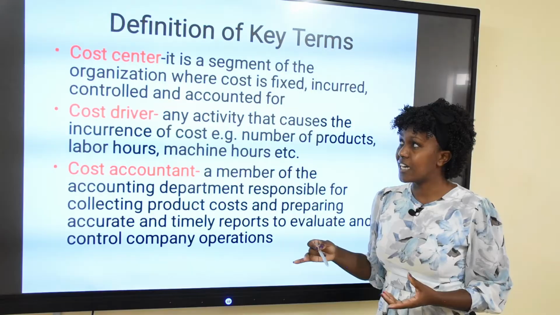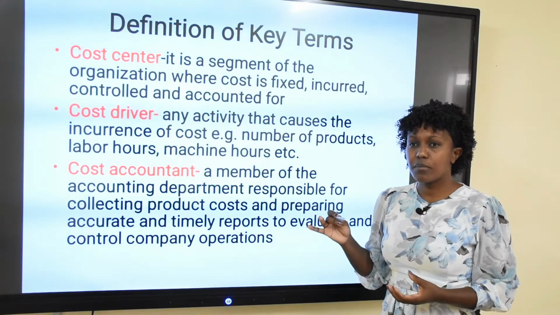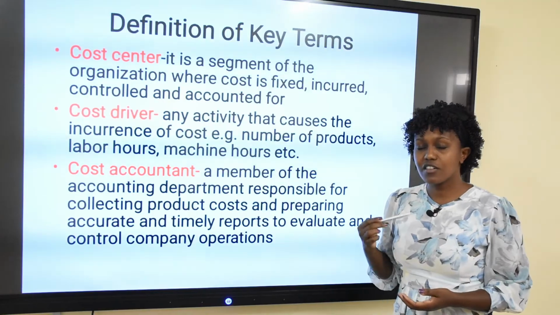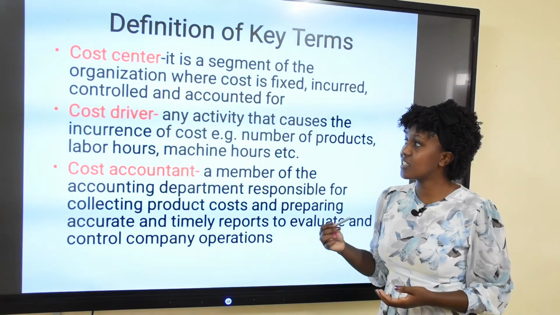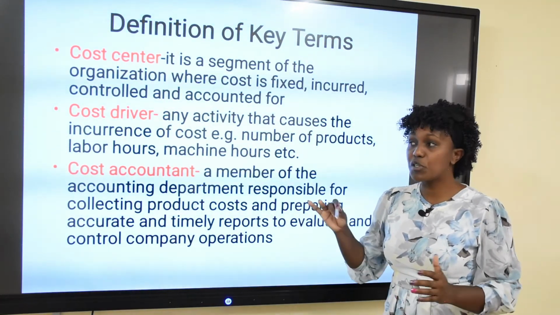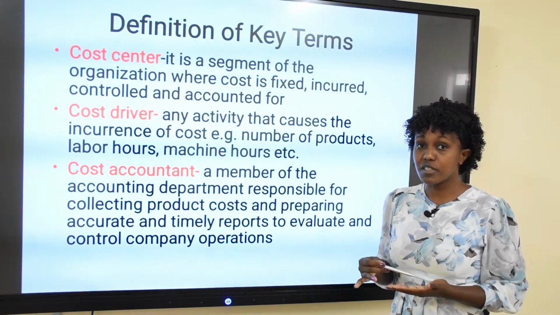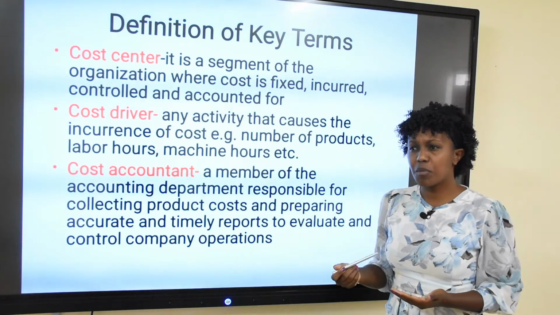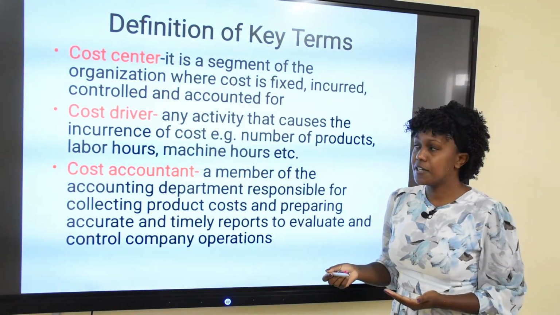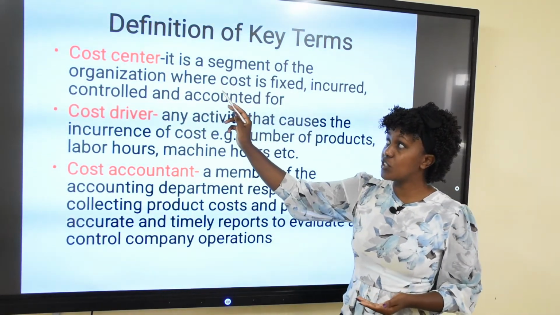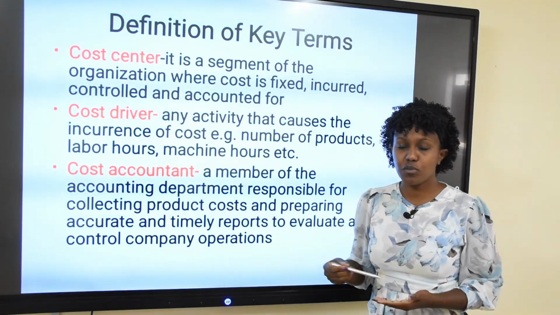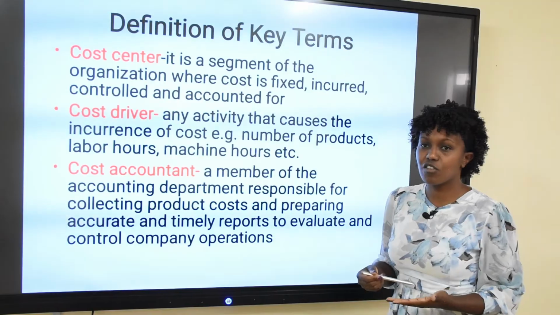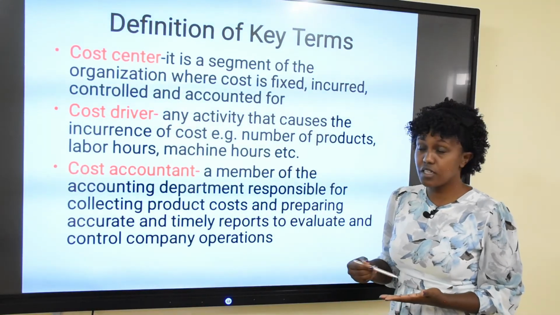The manager of a cost center has the responsibility to incur costs, to fix costs, to control costs, and to report about the cost. That is what you mean by a cost center. It would be different from a profit center. For example, a production department is a cost center because most of the work in the production department relates to incurring costs, fixing costs, and controlling the cost.